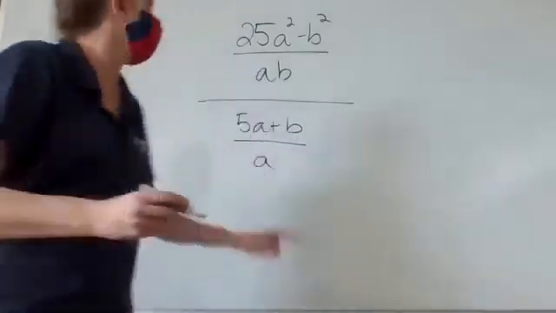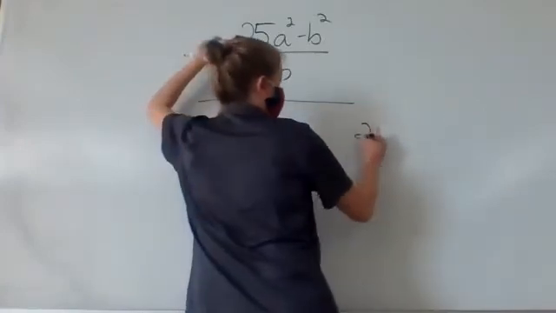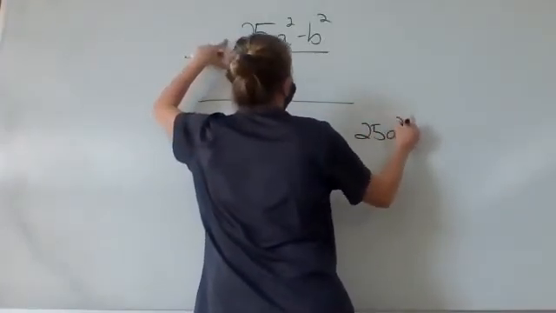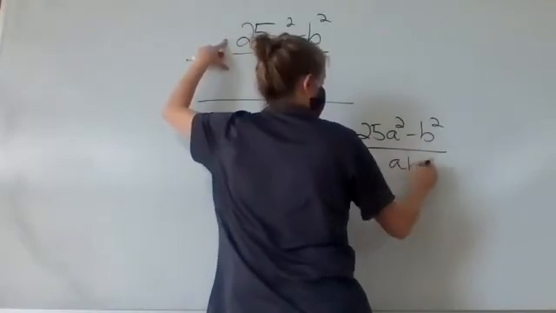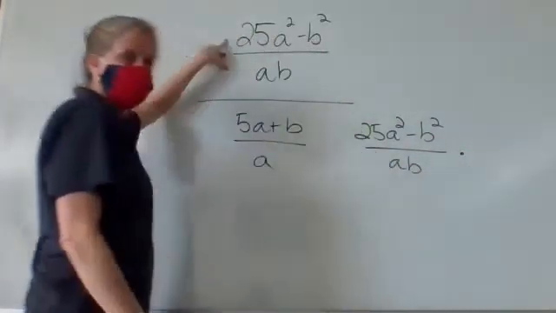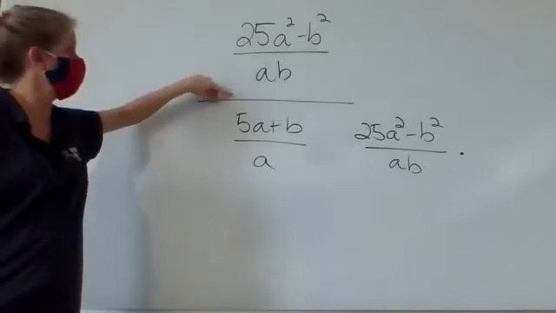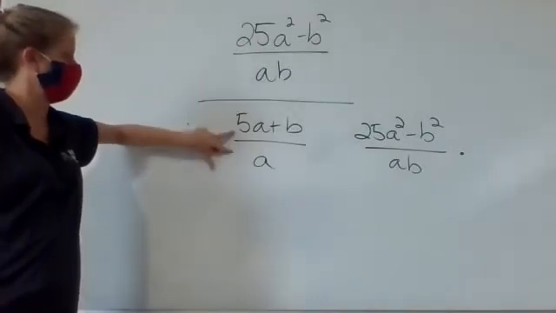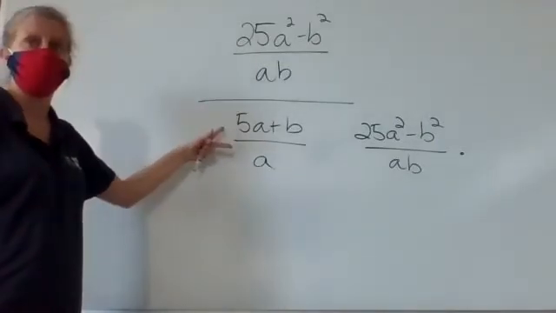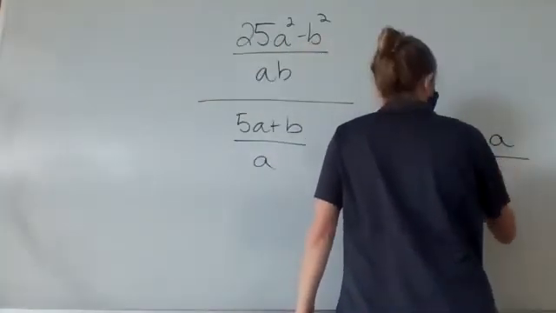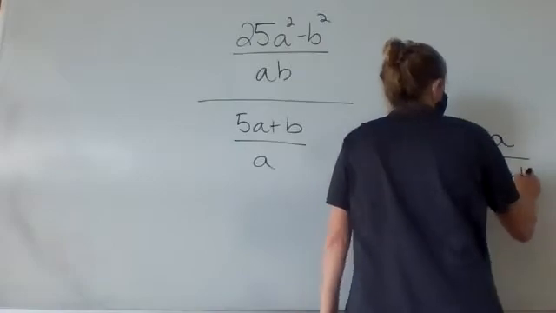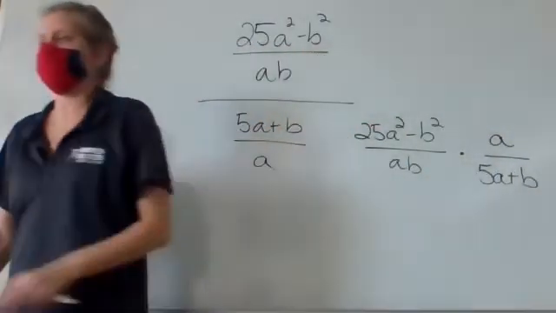This one gets out of control because I've got 25a squared minus b squared over ab times, so I turn the division, which means I will flip this, a over 5a plus b.